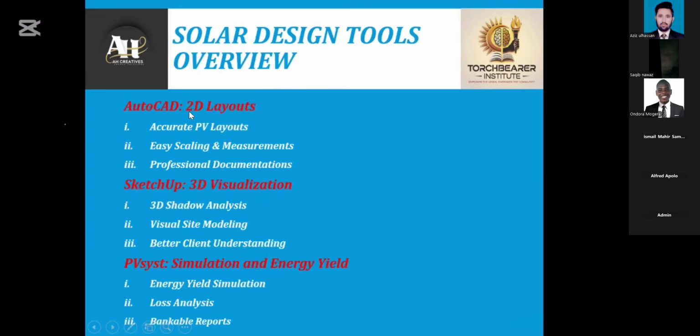Actually, for our case, we have narrowed down to three types of solar designing tools, but we have many of them. So, in our case here, we are going to talk about AutoCAD, and AutoCAD is two-dimensional. It is used to do two-dimensional layouts, for example, single line diagrams, and it gives an accurate PV layout, easy scaling, and also measurement.